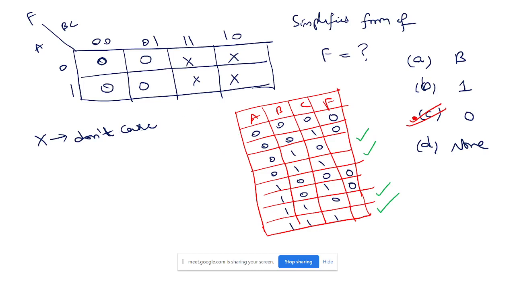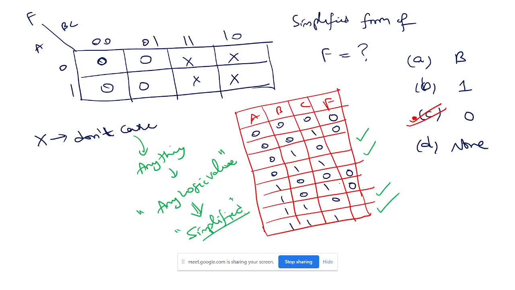Means you can consider it as anything, right? Anything means any logic value, in such a way that F will be simplified, not too complex.